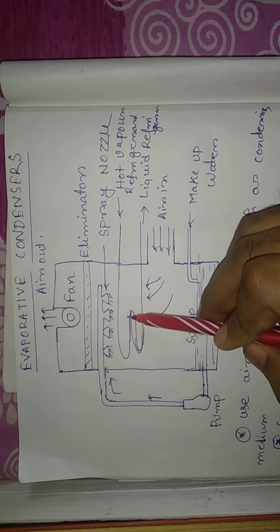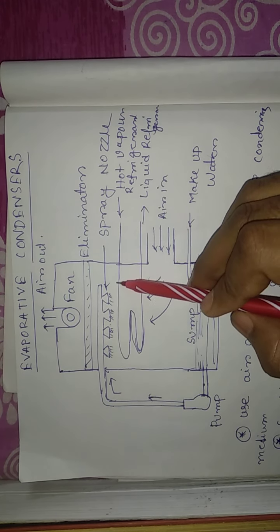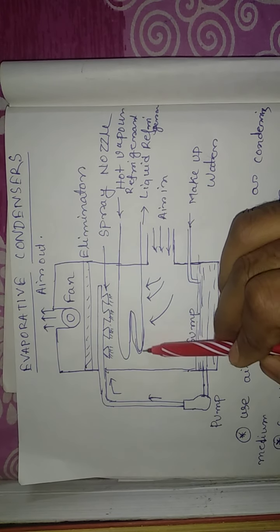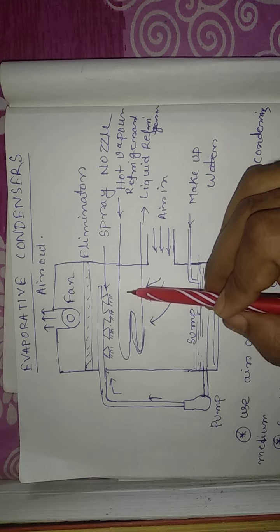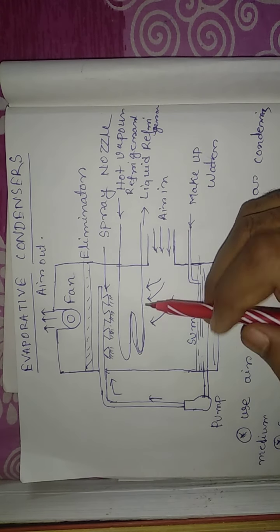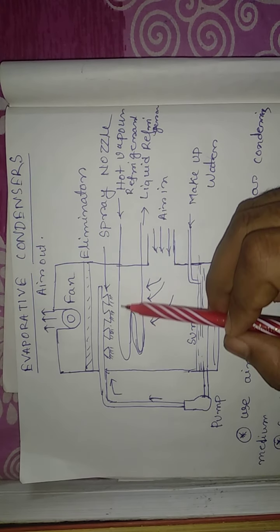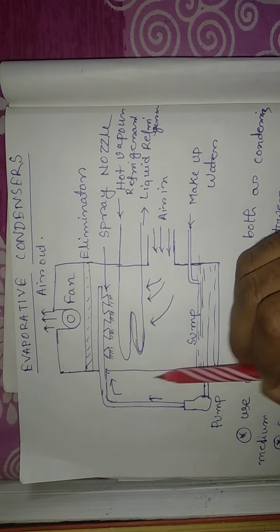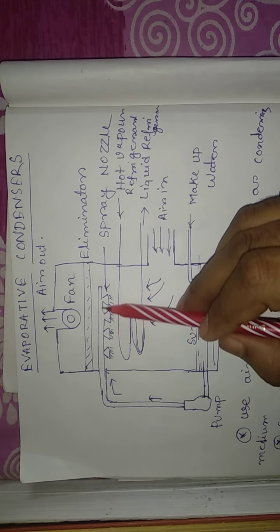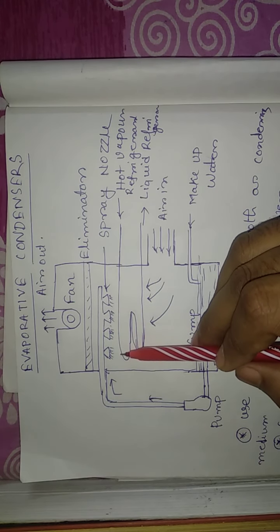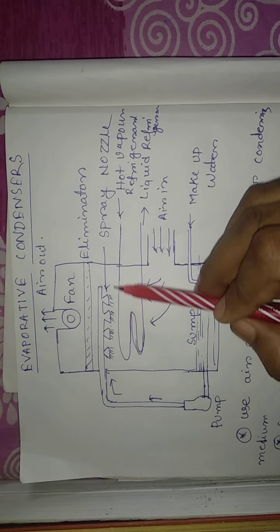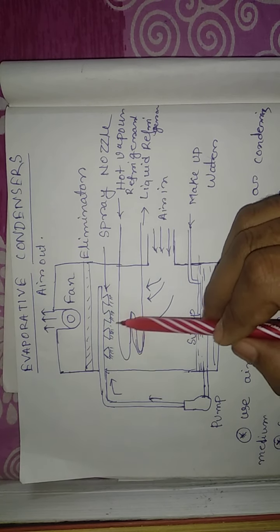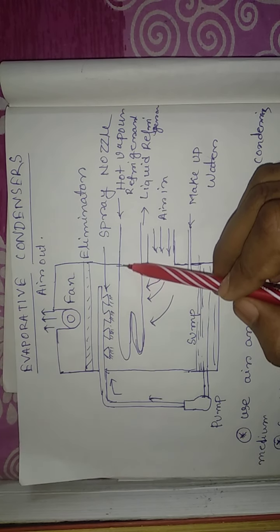This is the condenser coil, in which the hot vapor refrigerant flows through the pipe. The condenser coil is basically made of copper, or sometimes aluminum, but copper is the best due to several factors. In this coil the hot vapor refrigerant flows, and when the cooling water is sprayed through the spray nozzles, the water spray comes into contact with the outer surface of the condenser tube where the hot vapor refrigerant flows.